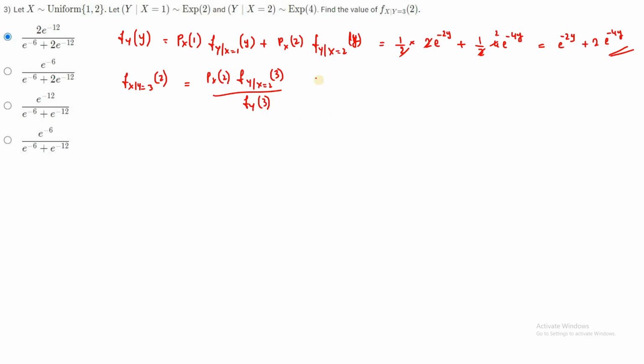So which is nothing but 1 by 2 into 4 e to the power of minus 4y, whole divided by e to the power of minus 2 into 3 plus 2 e to the power of minus 4 into 3.